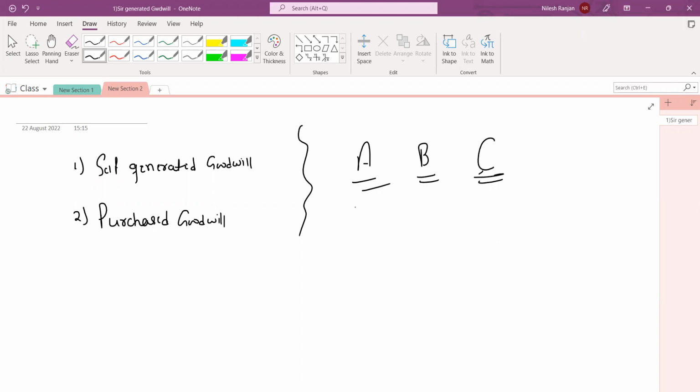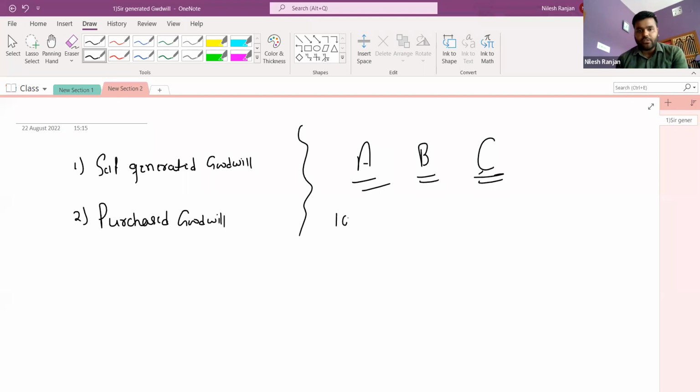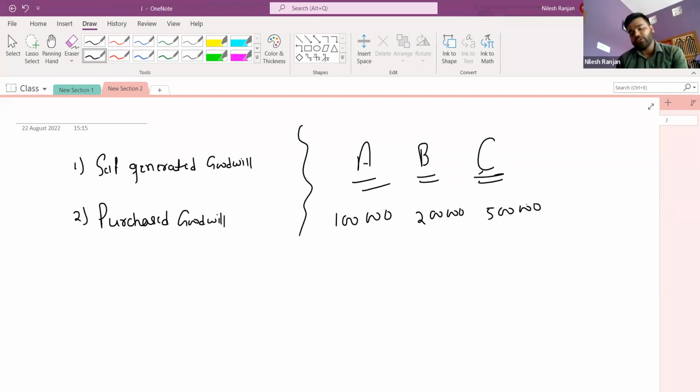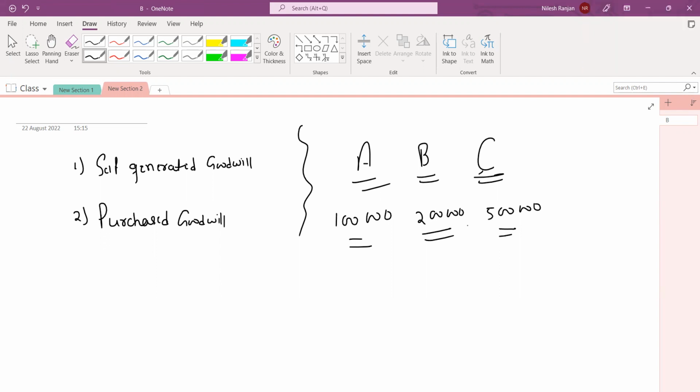Let's say A is selling 1 lakh of goods in 1 month, B is selling 2 lakh of goods in 1 month, and C is selling 5 lakh of goods in 1 month. If everything is same, what is the difference due to which C is selling higher than A and B?